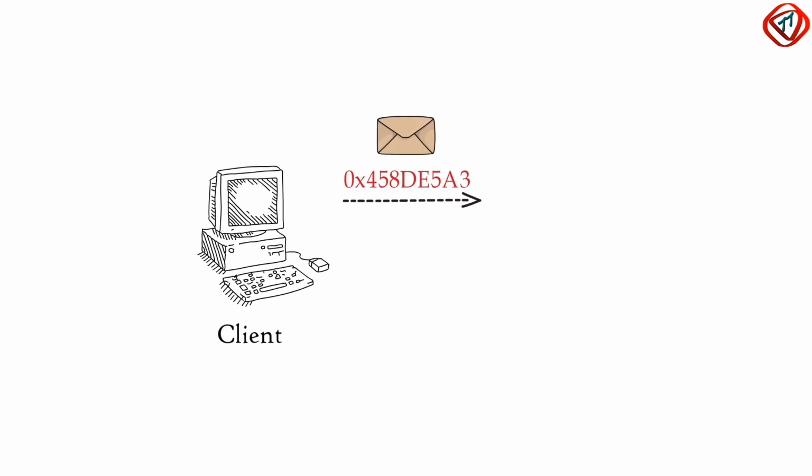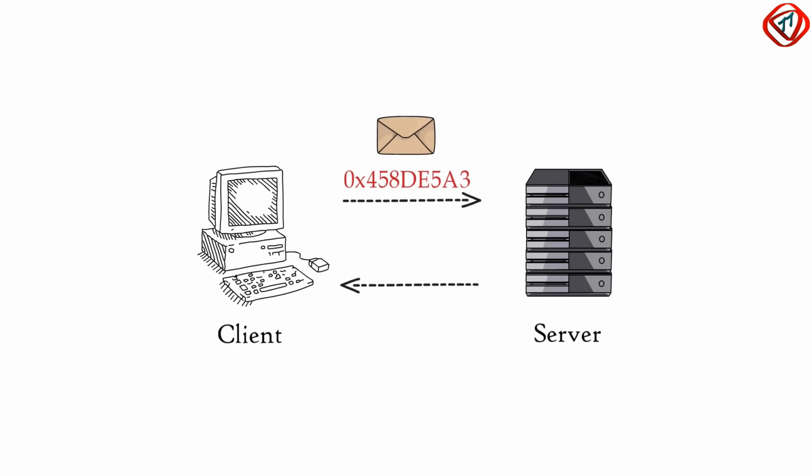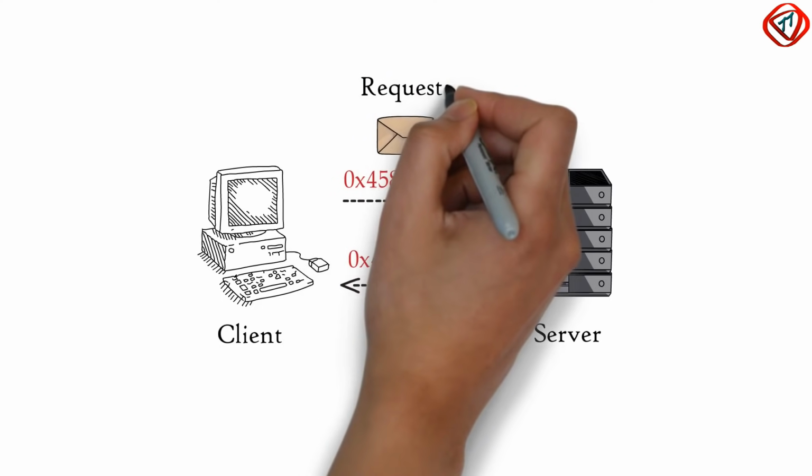The DHCP client then receives some reply from the DHCP server. If the received message too has the same transaction ID, then it confirms that the received message is a reply to the message sent. So it is used to match replies with the requests.